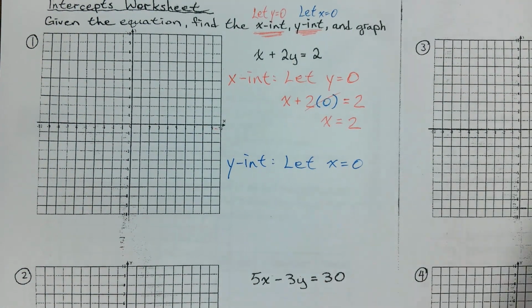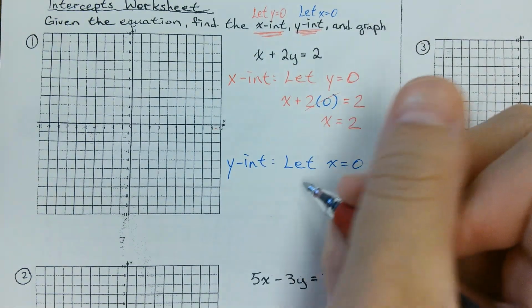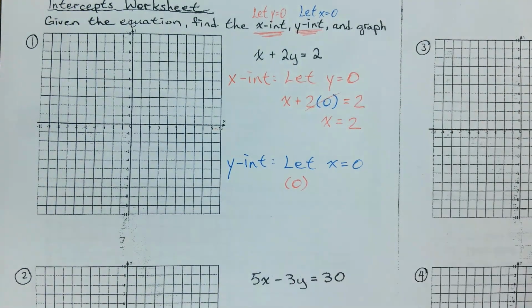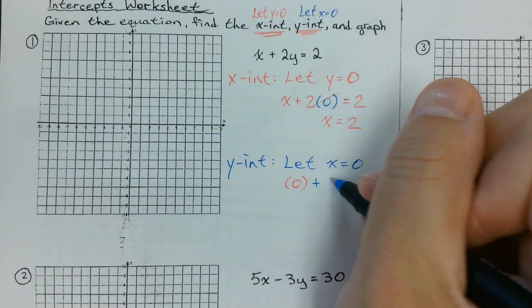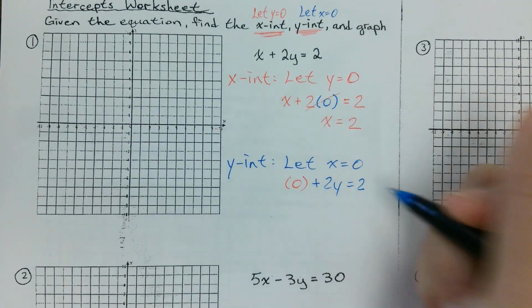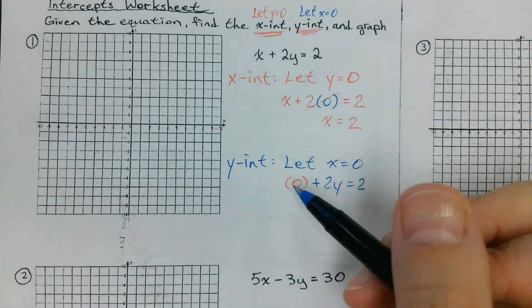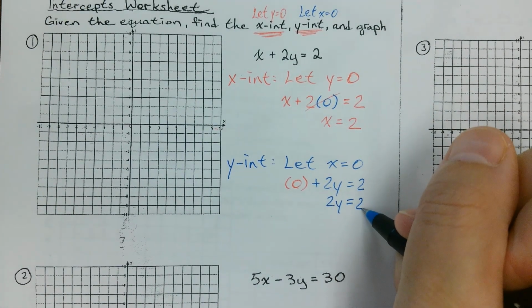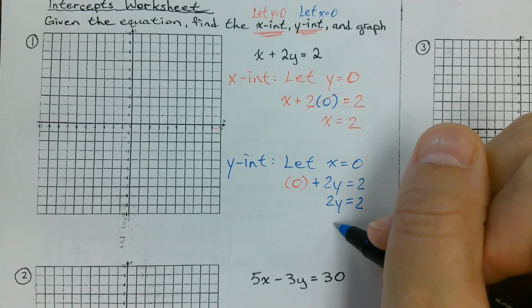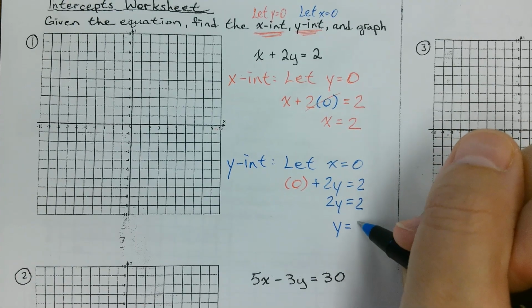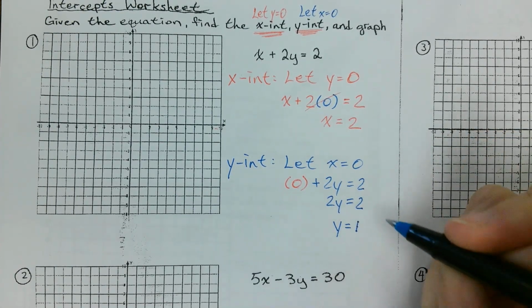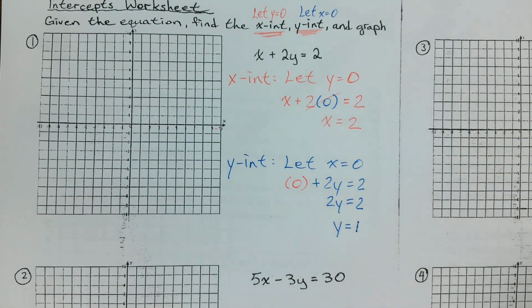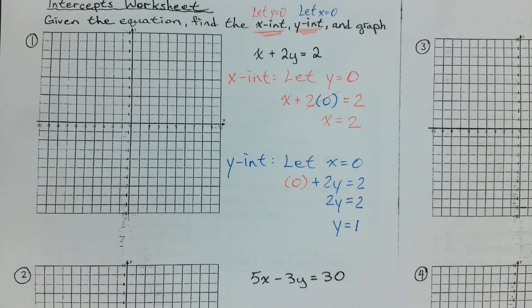Letting x equal 0 means replace this x right here with 0, and then plus 2y equals 2. 0 plus 2y is just 2y. 2y equals 2, so y equals 1, right? 2 divided by 2. So you get 1.